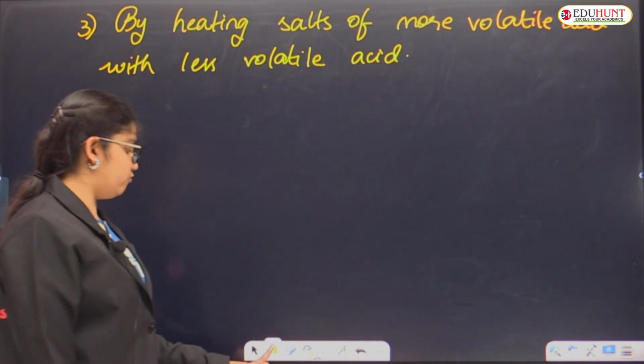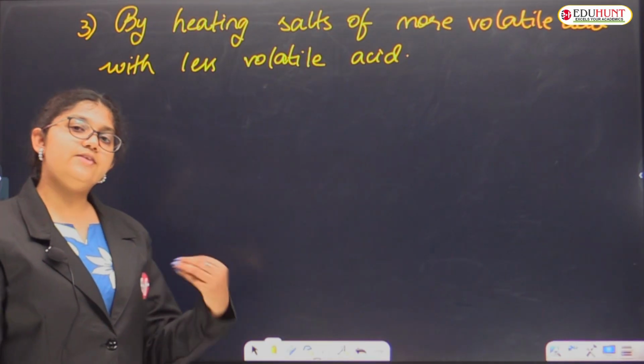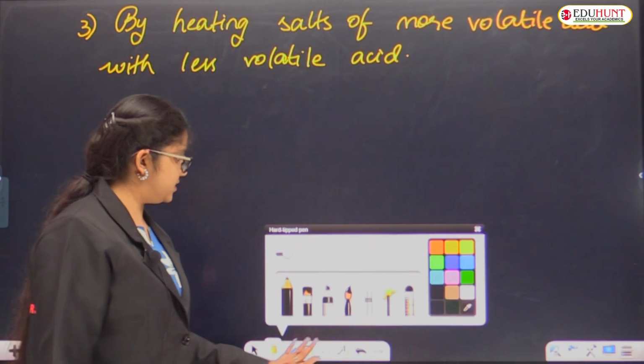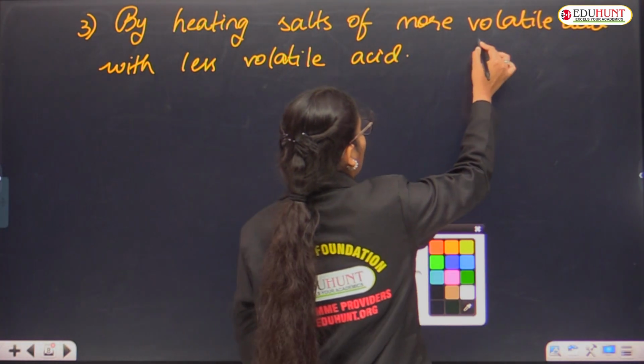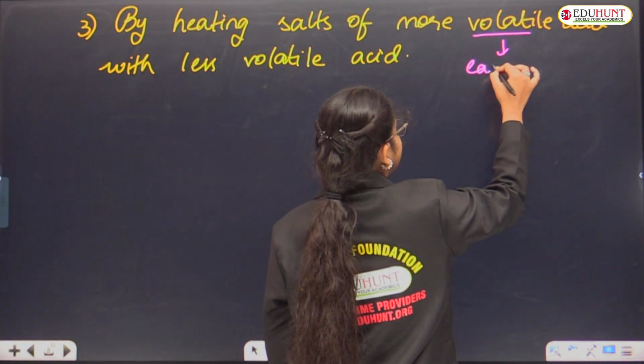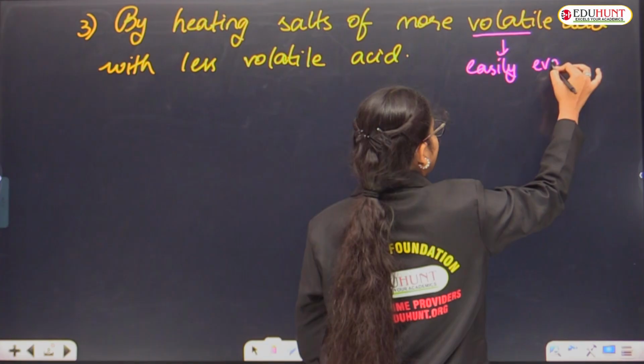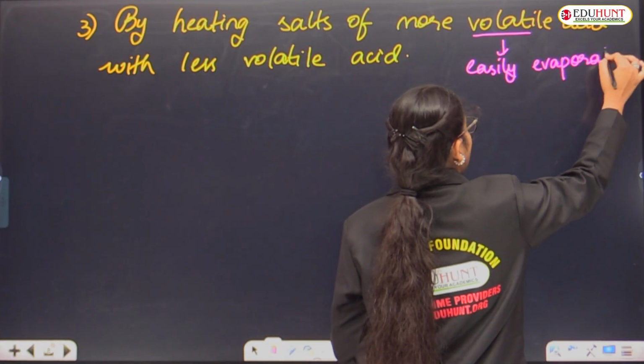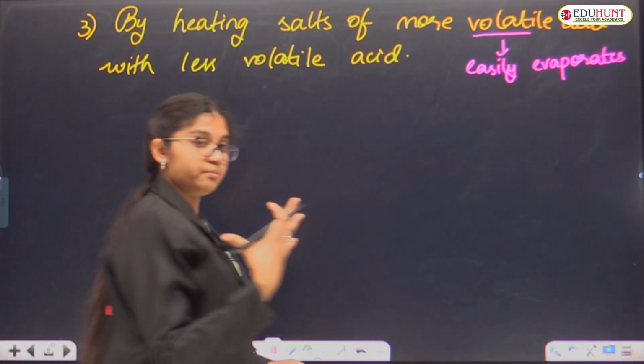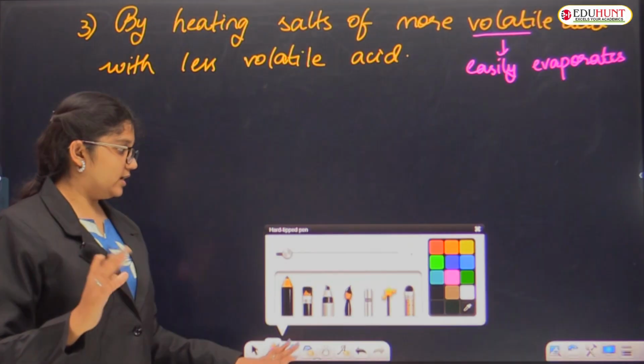Children, what is the meaning of volatile? It easily evaporates, children. Volatile means easily evaporates. అంటే తొందరగా అది ఆవిరైపోద్ది అనమాట volatile acid. Okay? Volatile అంటే meaning అది.